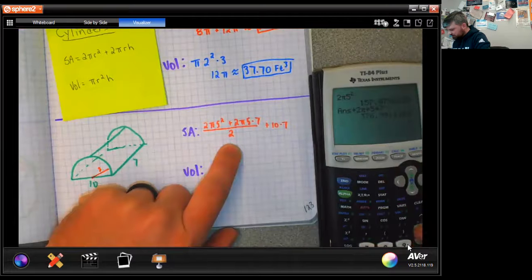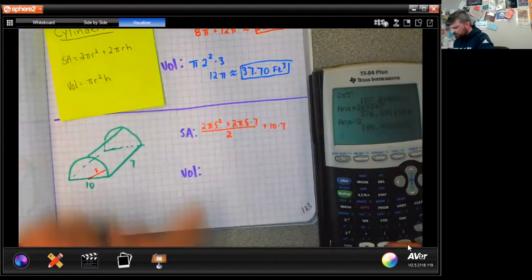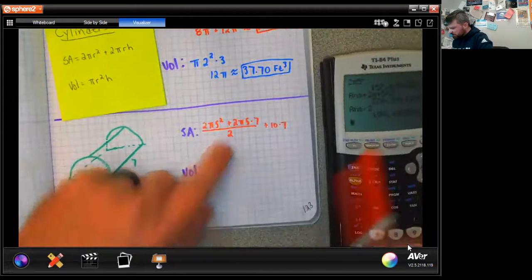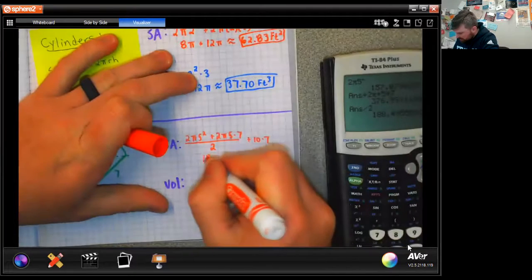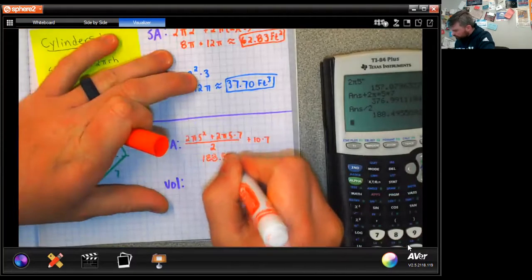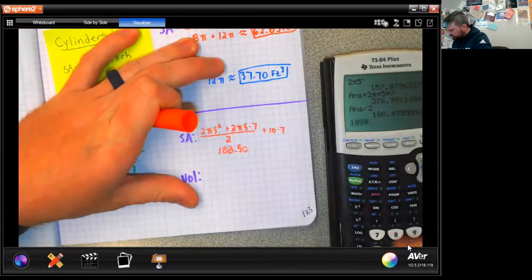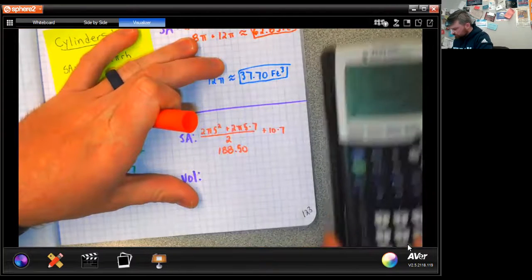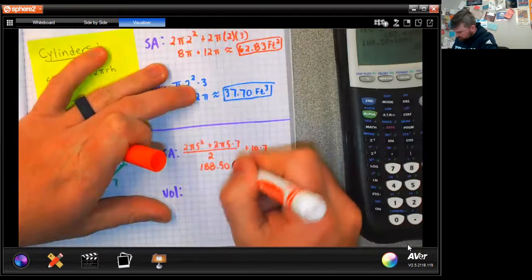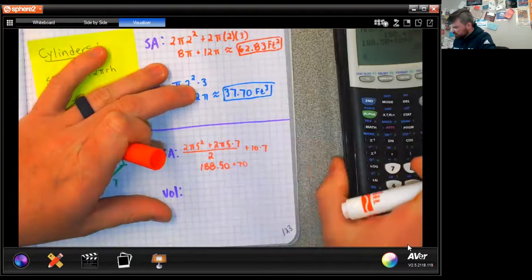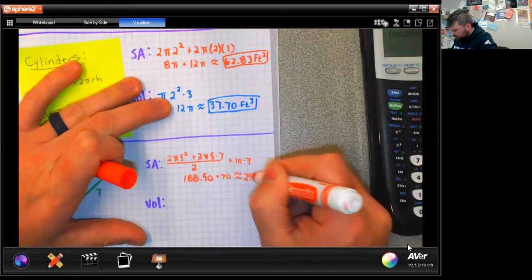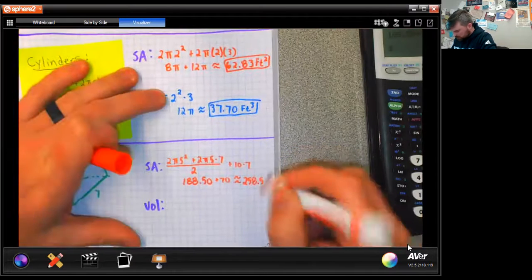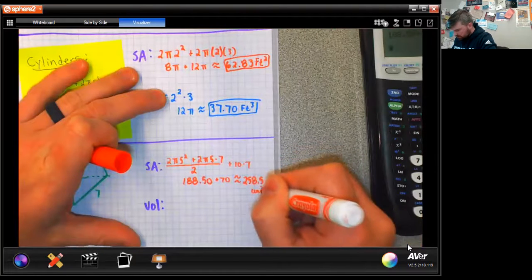I got to divide that by 2. Okay. So on this whole thing, I get about 188.50. So 188.50 plus 10 times 7, which was 70. So plus 70, which is about 258.5 units squared.